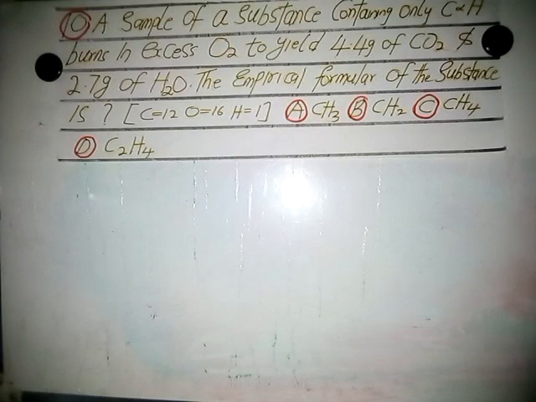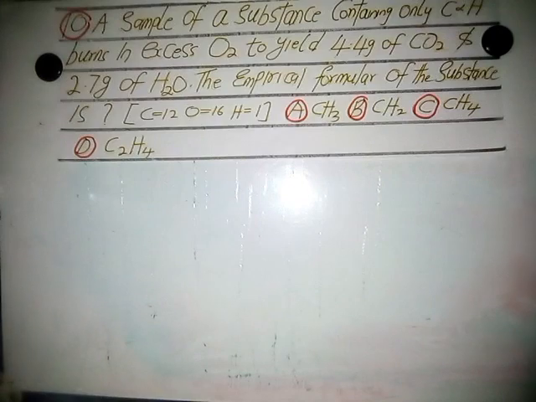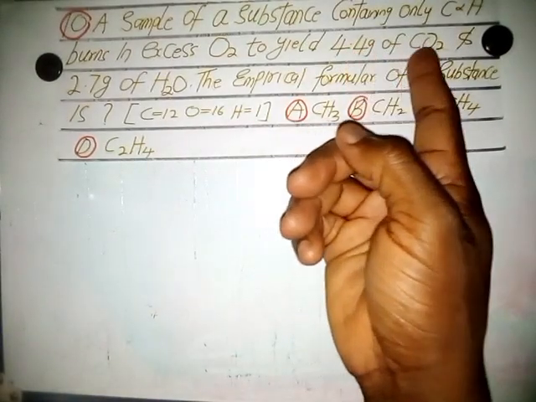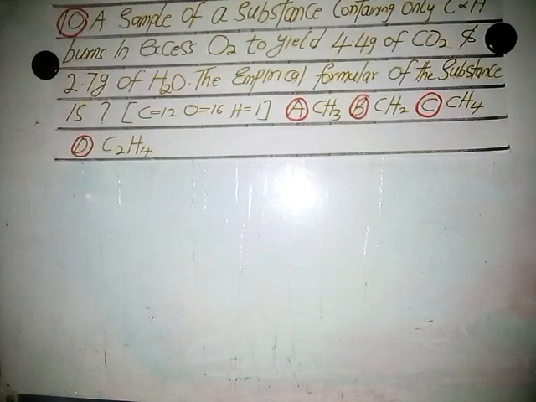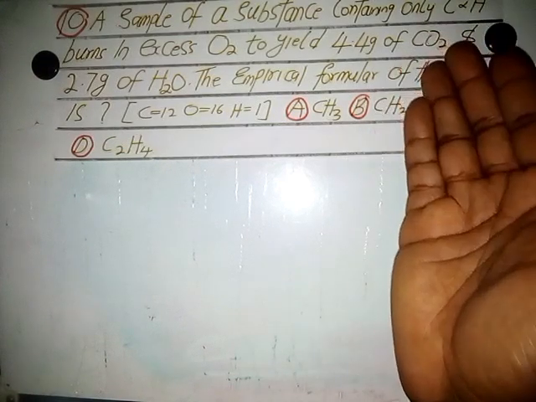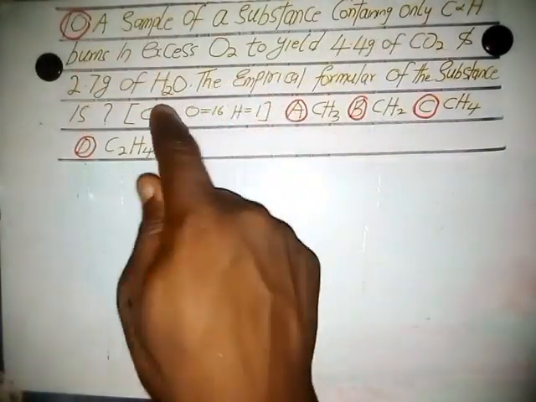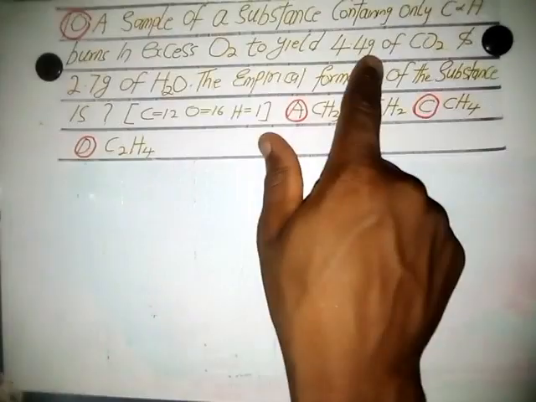So this question is just like the previous question. We were given 4.4 grams of CO2, but we're interested in the carbon. So what we have to do is calculate the amount in moles for CO2 and the amount in moles for H2O. Then for the water, because of this 2, we multiply by 2. But for this one, we use it directly.